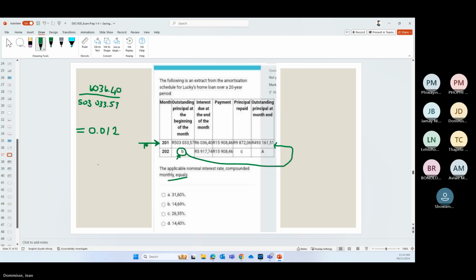And then that is the interest that was paid for that period. But we want to work out the nominal interest rate. So we still need to say that divided by 12, because there's that monthly interest rate.